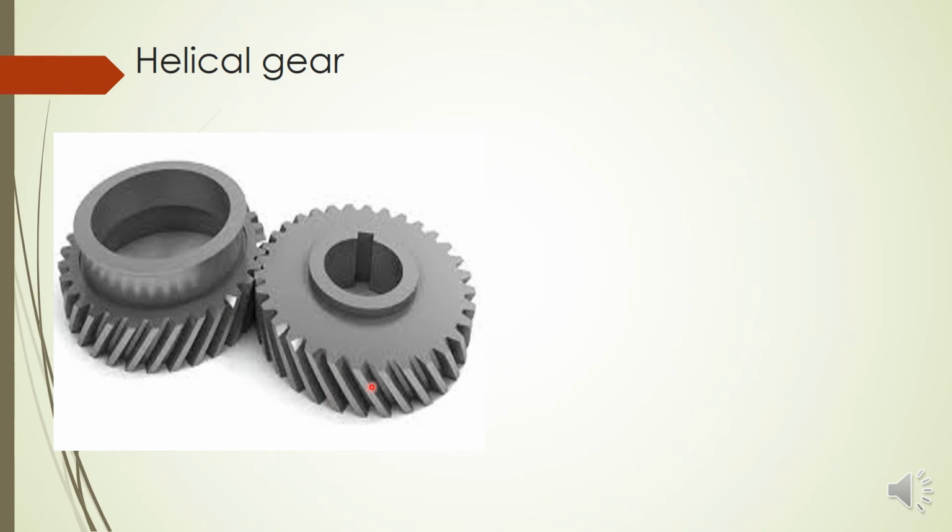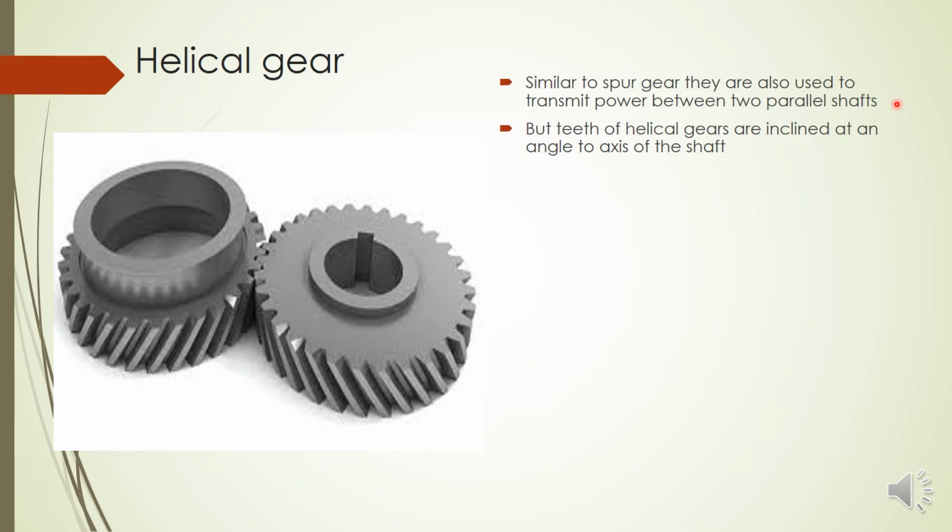You can see here the teeth are inclined to the axis of the shaft. Similar to a spur gear, they are also used to transmit power between 2 parallel shafts. This is the main difference: the teeth of a helical gear are inclined at an angle to the axis of the shaft. They are not straight, and not parallel to the axis of the shaft.